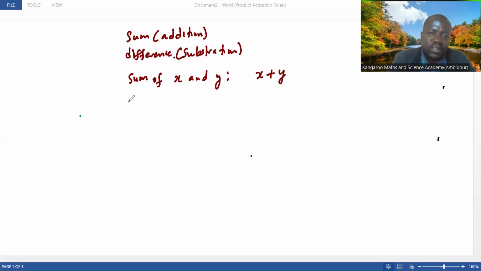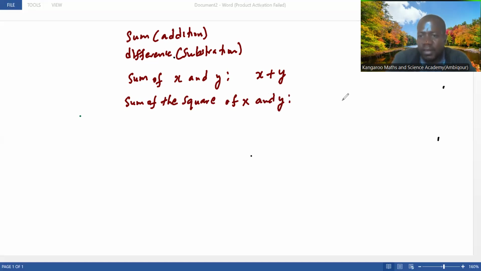But if I say, what is the sum of the squares of x and y? It means here it's still a plus, but the x and y should be squared. So this is the sum between two squares.